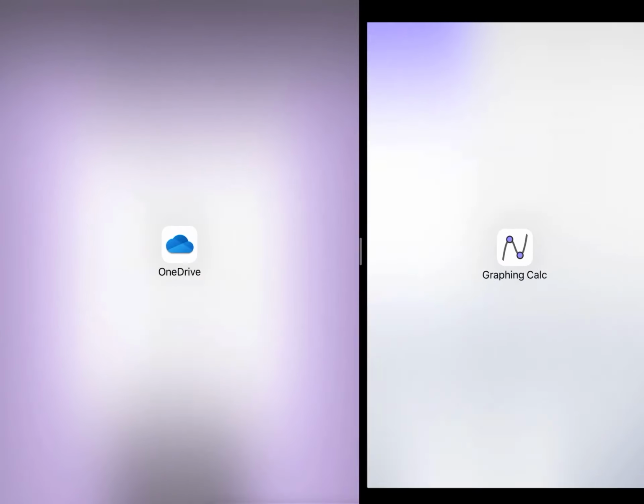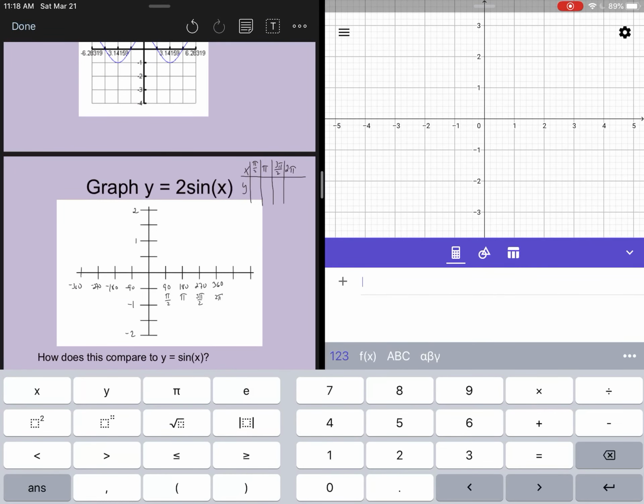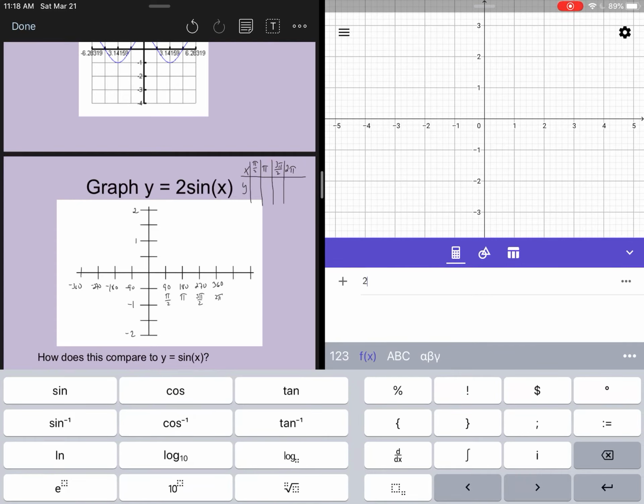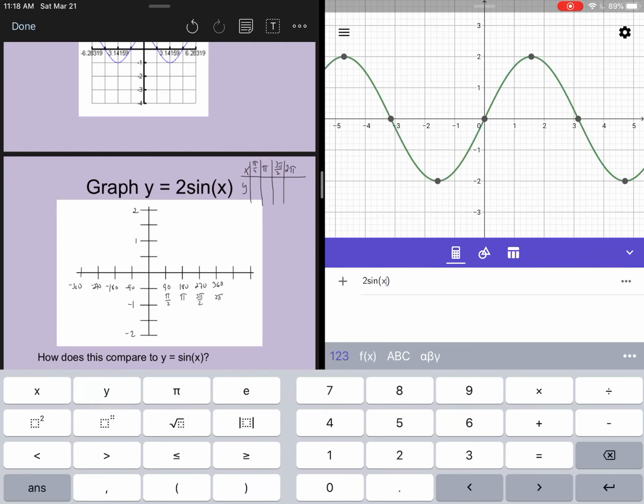Let me see if I can split screen this. I should be able to. Type in 2 sine x.